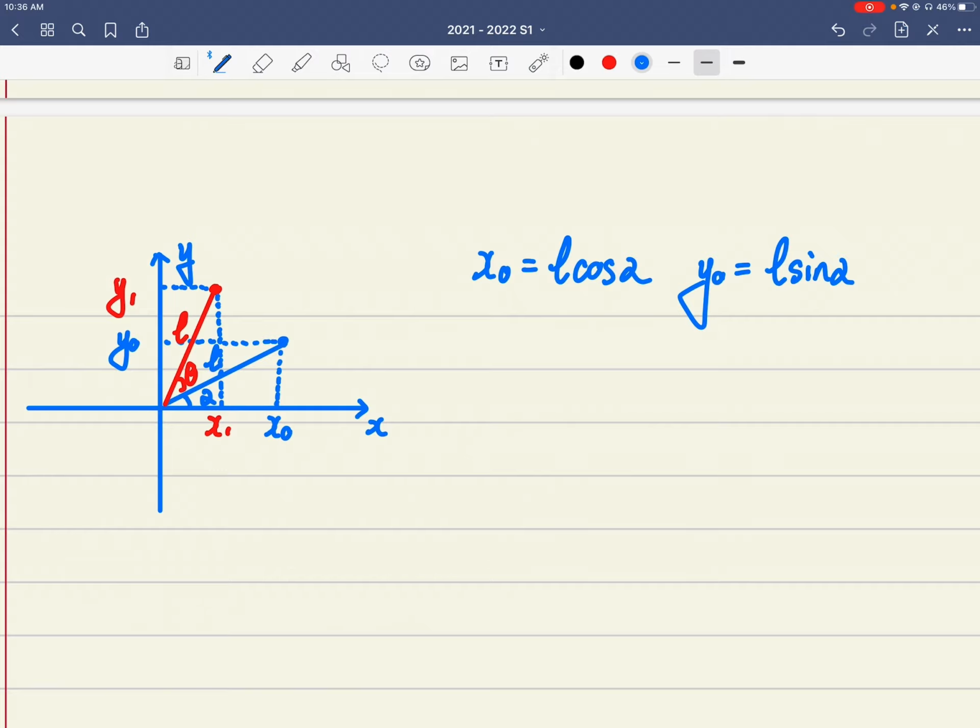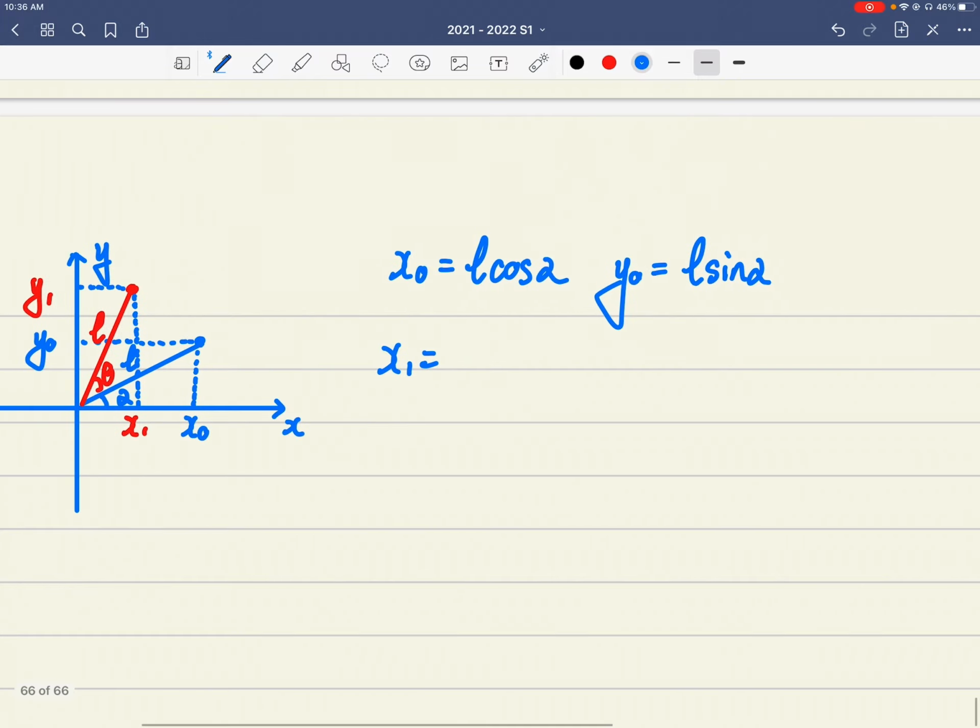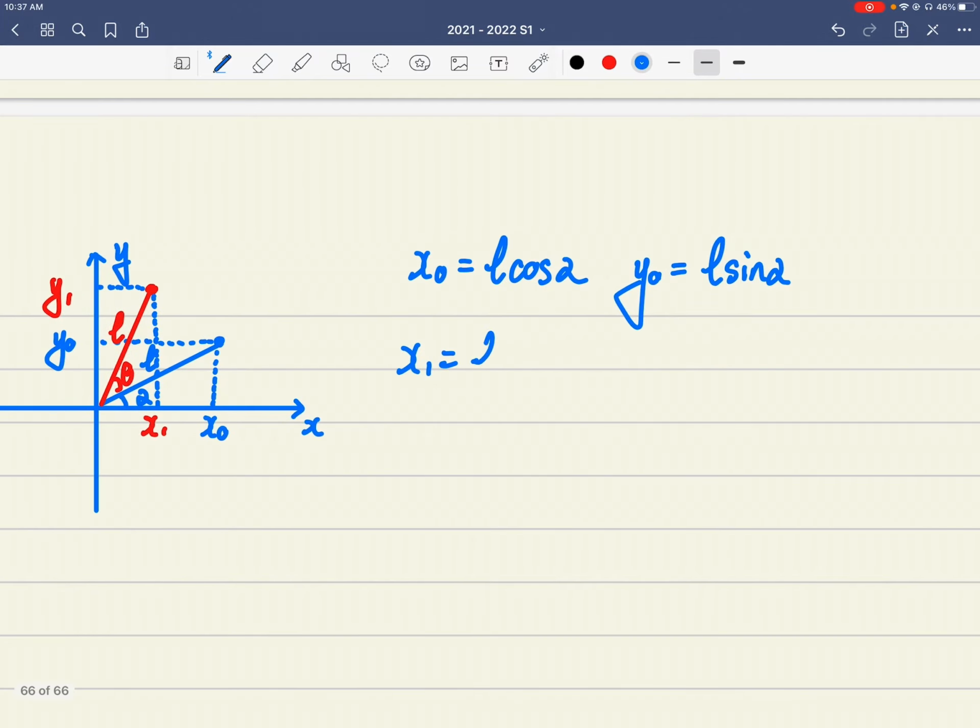What about x1 after the rotation? x1 is very simple. It's also length times cosine. However, now the angle is alpha plus theta, the total angle. So it's L times cosine of alpha plus theta.